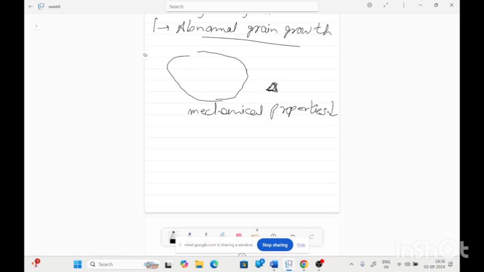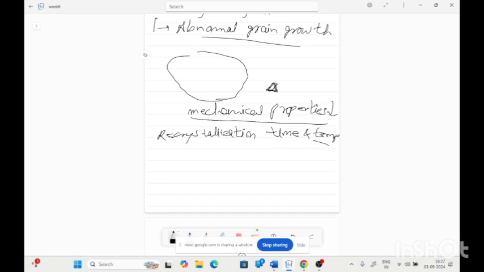So to avoid the abnormal grain growth, the recrystallization time and temperature play a role. Means if temperature is high and if we keep the material for a very long time, then the abnormal grain growth happens.